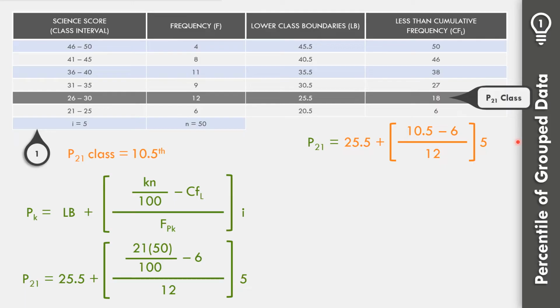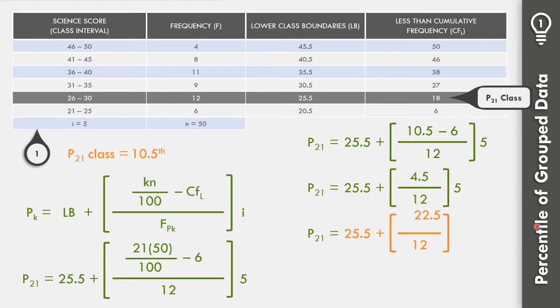So let us continue to solve. So p sub 21 is equal to 25.5, copy the denominator, and then the interval. 10.5 minus 6, the answer is equal to 4.5. Afterwards, let us multiply 4.5 times 5. The answer is equal to 22.5 over 12. So 22.5 divided by 12, the answer is equal to 1.88.